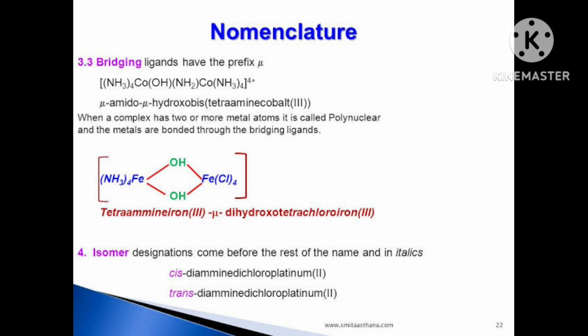Now I am discussing the oxidation number of central atom. The oxidation number of the central atom in a complex is defined as the charge it would carry if all the ligands are removed along with the electron pairs that are shared with the central atom. This is another way.